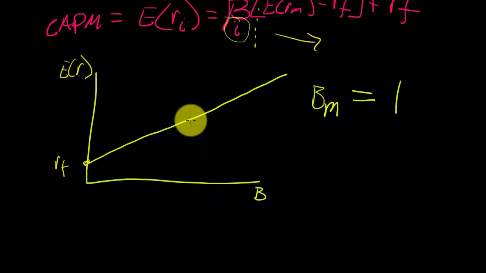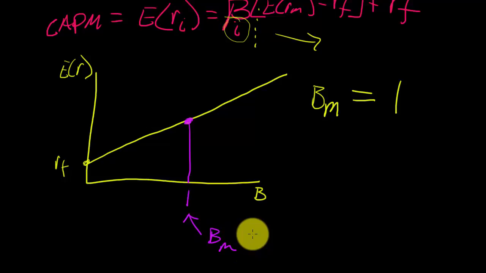Now, if I come in here and pick some beta, and I bring it down, this guy has the beta of the market, and we've said that the beta of the market is equal to the number 1. So this is a beta of 1, which is to say it is equivalent to the beta of the entire market.